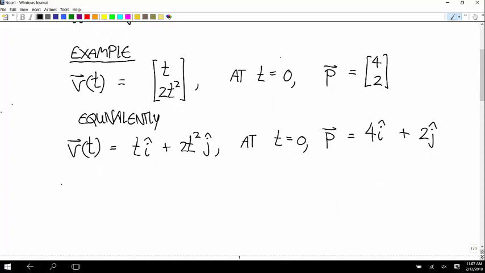We want to calculate, first, the acceleration vector as a function of time. Second, we want to calculate the position vector as a function of time.